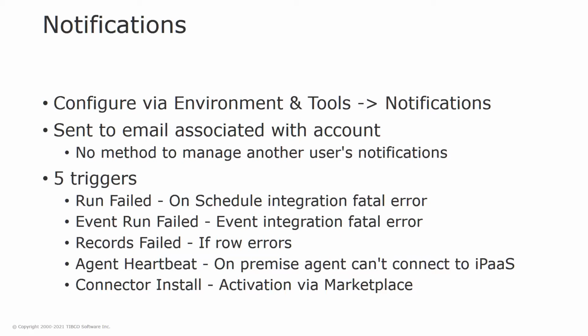And then we also have event-based integrations, and these are triggered when a call is made to a REST endpoint. Basically the 2 different types of integrations you have are either what we'd call traditional batch on schedule or event-based. Each of those gives you a switch to be able to get notifications if something fails.